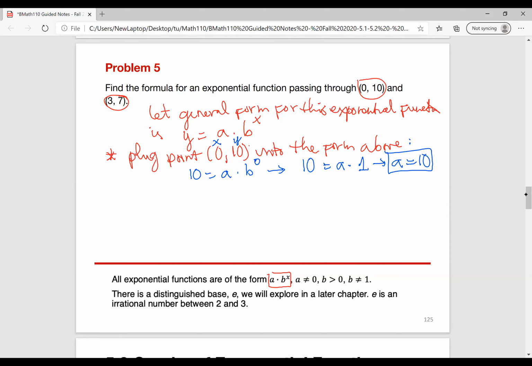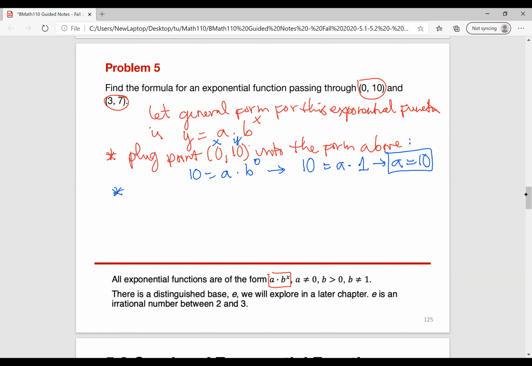You may isolate a and have an equation of a in terms of b, something like that. And then later on, you're going to plug into another equation. But let me show you the next one.